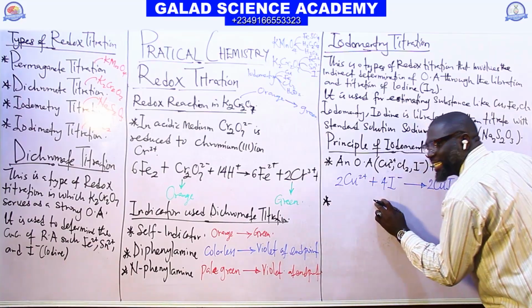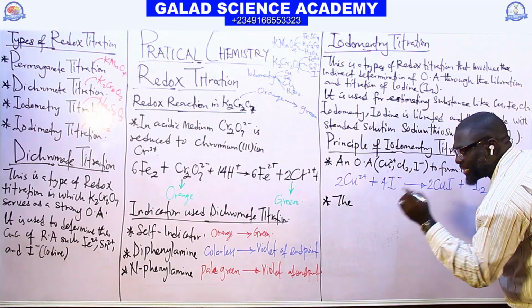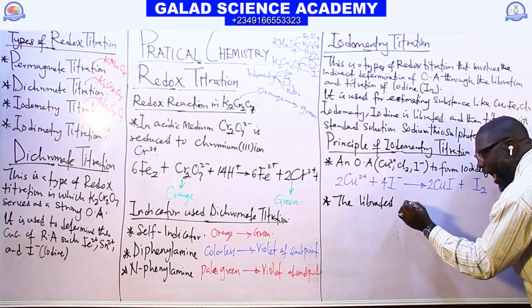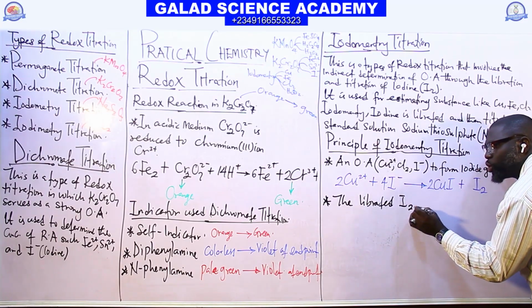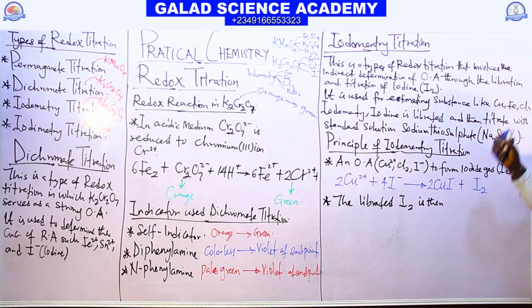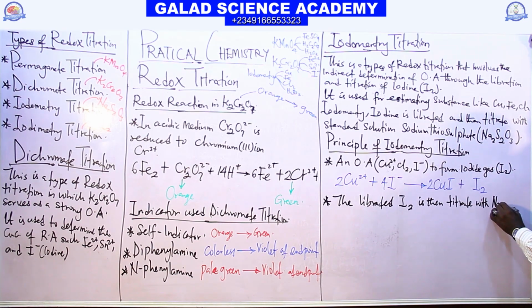And the next thing that we need here is the liberated iodine, which is I2, is then titrated with sodium thiosulfate.